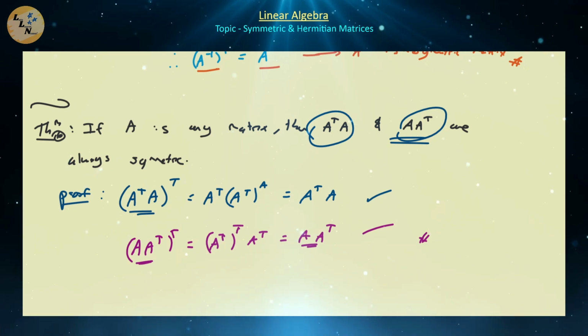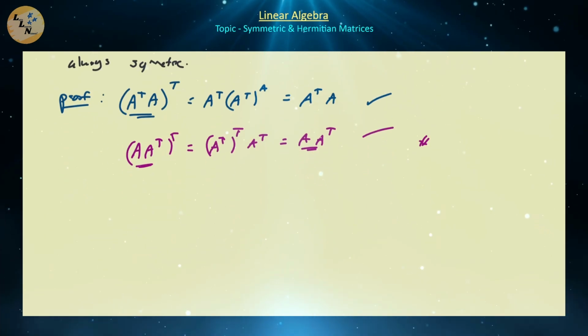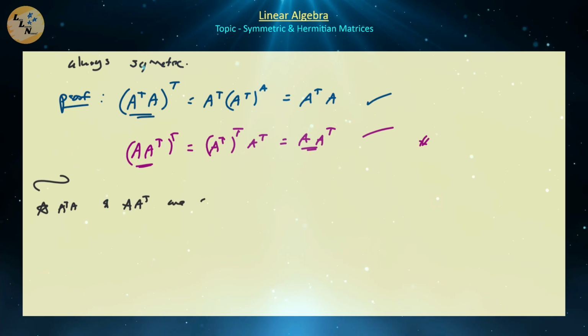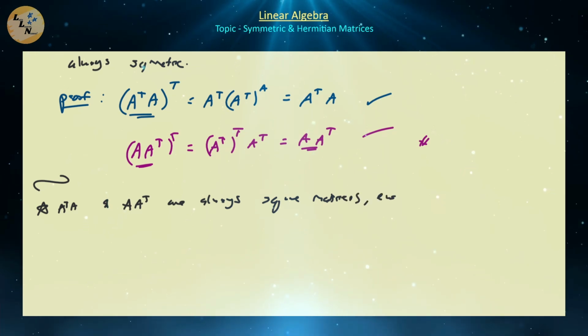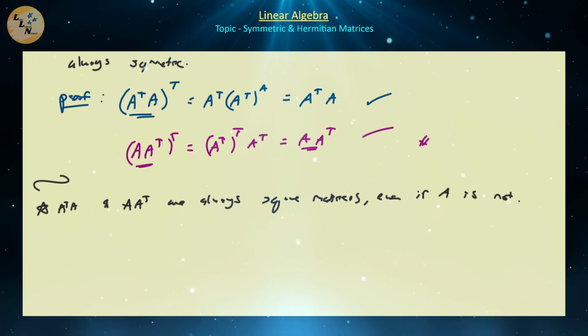Now, I want to actually talk about the dimensions of A transpose A and A A transpose for an arbitrary matrix A. In particular, the following also holds that A transpose A and A A transpose are always square matrices, even if A is not a square matrix.